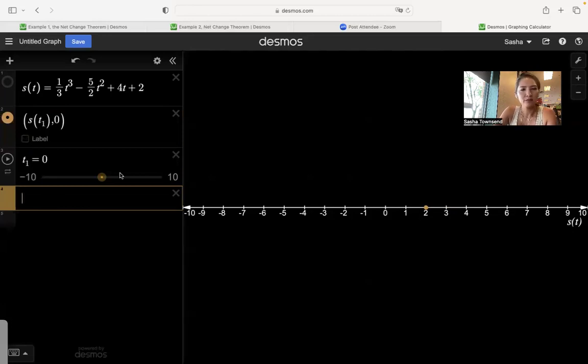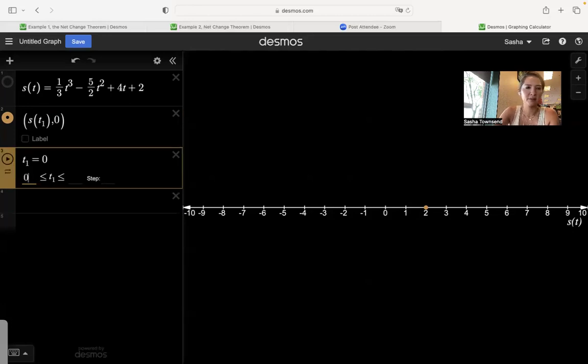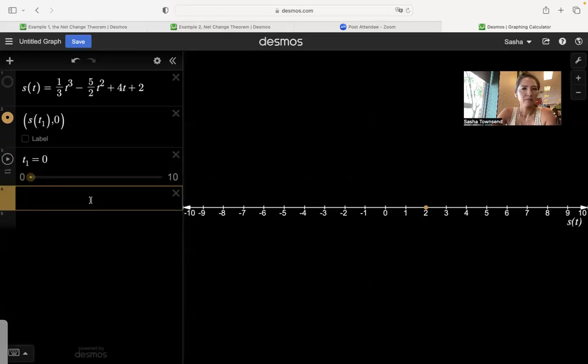So at time t equals 0, we're at this location, and we're only interested in the t values between 0 and, I don't know, 10, let's say. Well, if we just play this, it shows the particle moving back and forth.